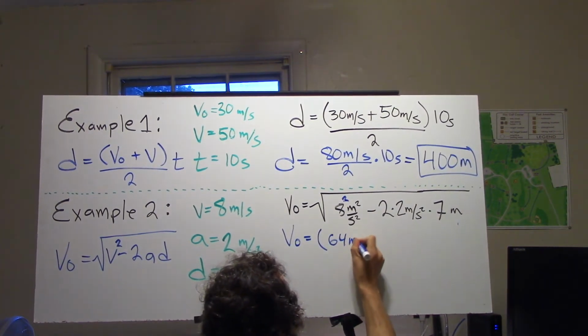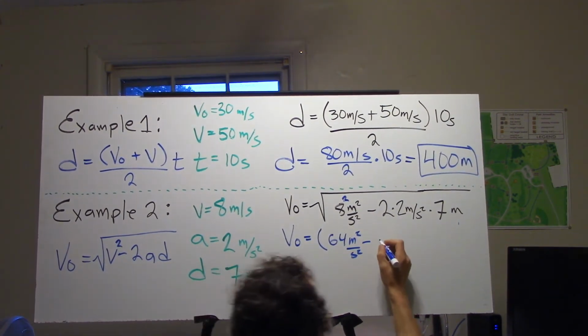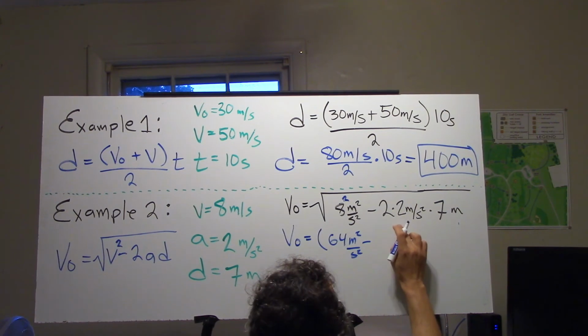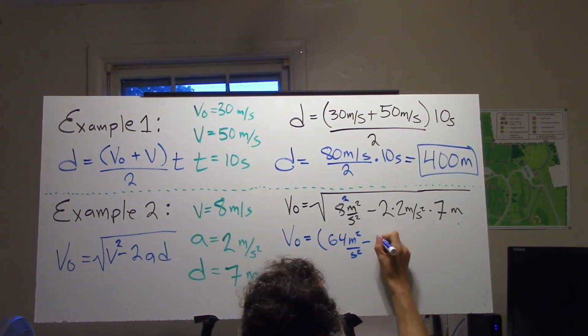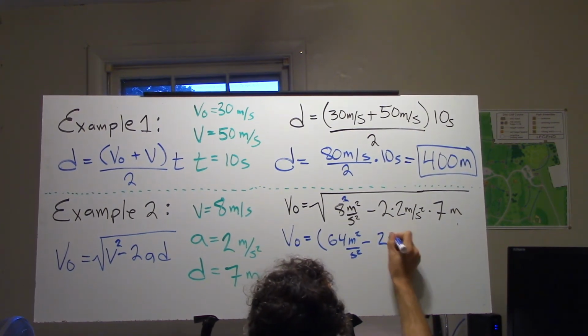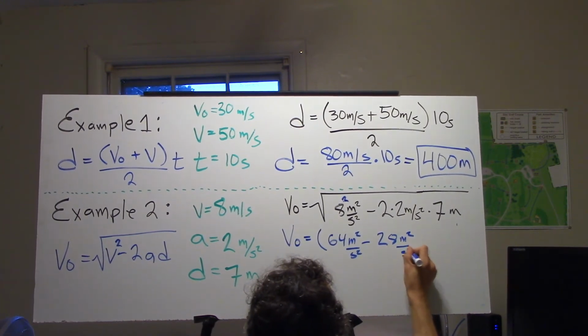64 meters squared over seconds squared minus, well, 2 times 2 times 7. That's 4 times 7, 28, also meters squared over seconds squared. It's important that we keep track.